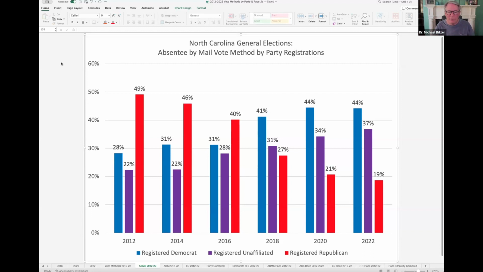Realistically, going from 2016 to 2018, with 40% registered Republicans down to 27%, something happened between those two election cycles. I don't know what that is, but something happened in terms of the confidence by Republicans. And conversely, going from 31% registered Democrats in 2016 to 10 points more, 41%, there was something there as well. And then the natural decline from 27% in 2018 down to 21% in 2020.